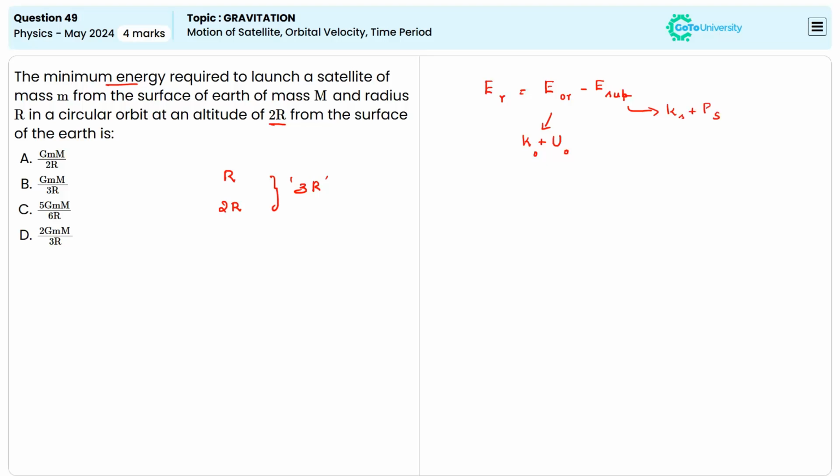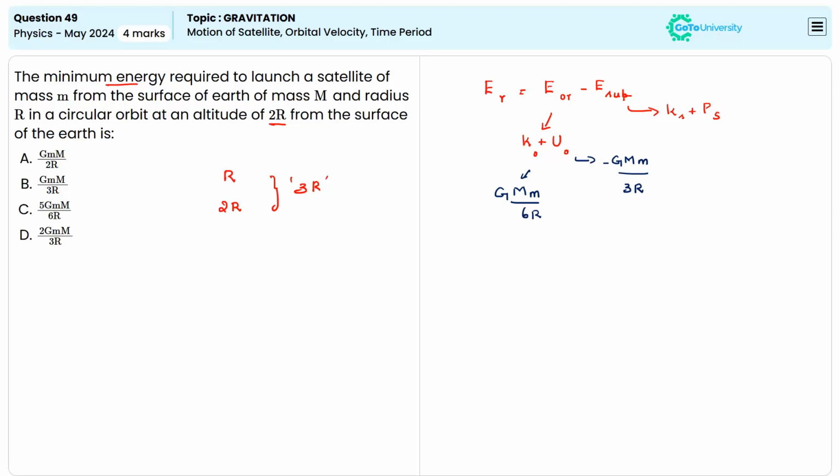Here, it's known that the kinetic energy at the orbit is equal to GMm divided by 6r, whereas the potential energy at the orbit will be equal to minus GMm divided by 3r.